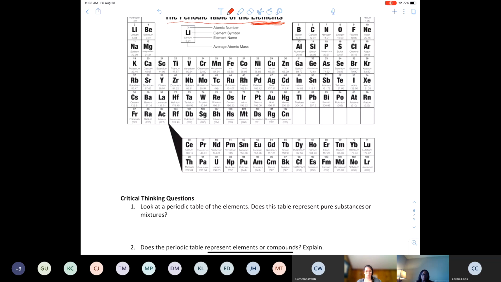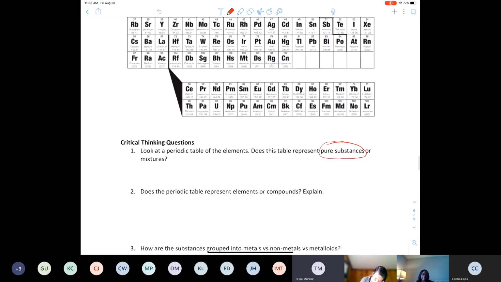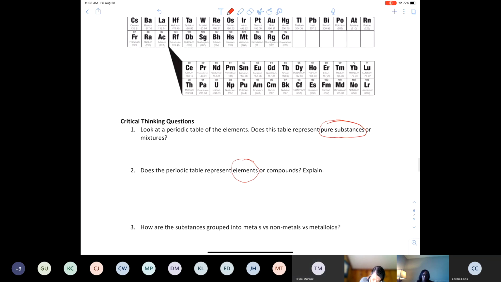So the periodic table, does it represent pure substances or mixtures? Pure substances. Very good. Does the periodic table represent elements or compounds? Elements. Okay.